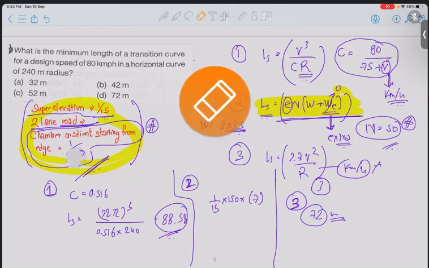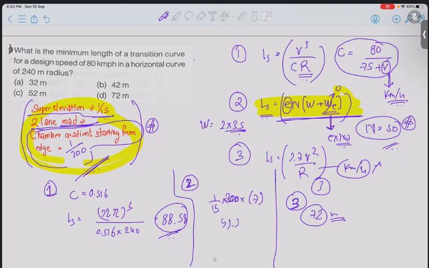Yeah, we just change it to 1 by 200. We don't want to change the answer for the actual question. Yeah, so we'll do this. 93.33. So the answer is going to be the minimum of these three, which is the minimum of 88.58, 93.33 and 72.